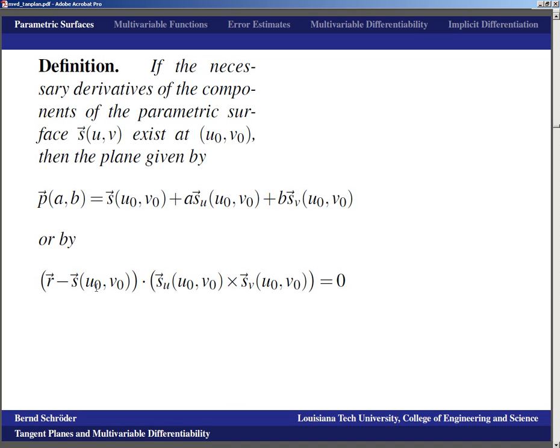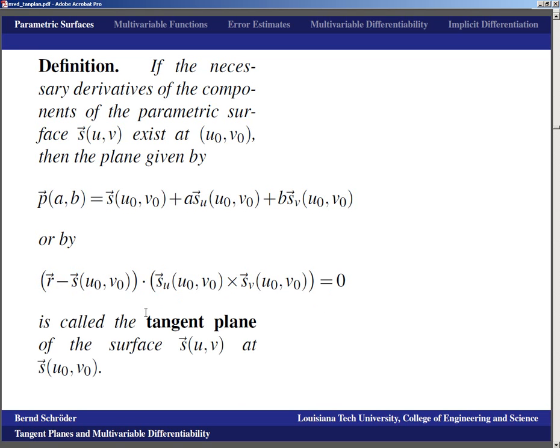Then a point in the plane minus the base point is perpendicular to that normal vector, and so this dot product would be 0 for all the points in that plane. So that's just a different way of expressing the same plane. That plane is called the tangent plane of the surface S of u and v at the point S of u0, v0, and I think I've got a picture for that on the right here.